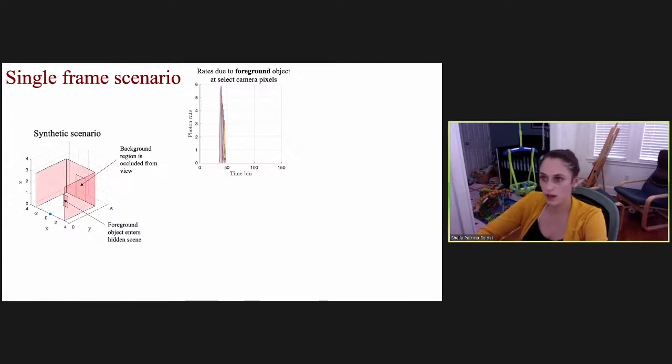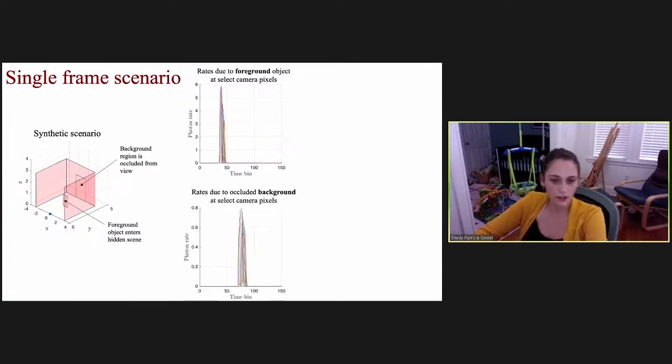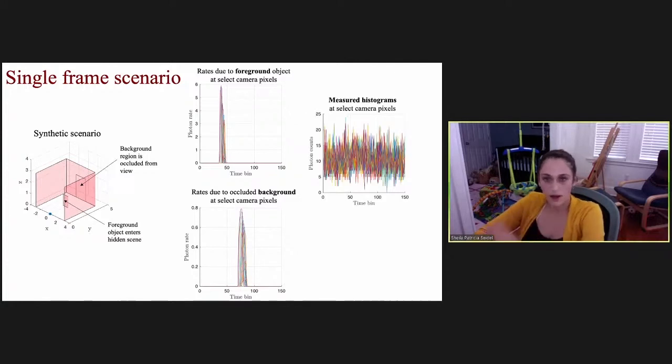You can see we peak out at 6 photons per pixel. And then the background rates in that region on the background are even weaker, at less than a photon per pixel. And here's what our measurement histograms look like, very noisy. We've got counts due to the background walls, the small signal, and we're also simulating a very high ambient light level here of 10 photons.